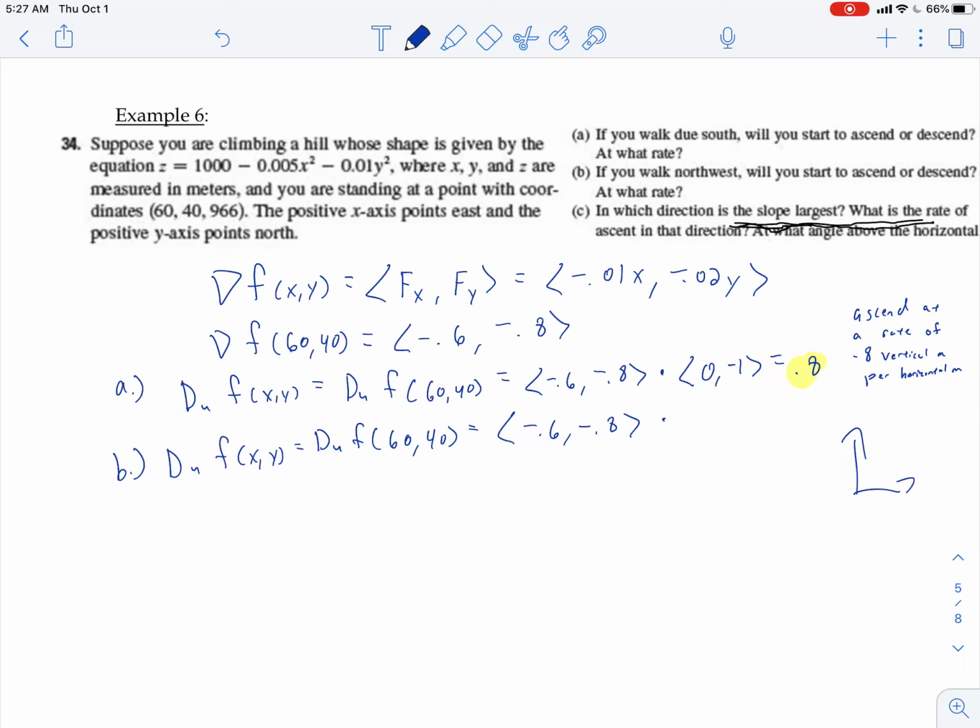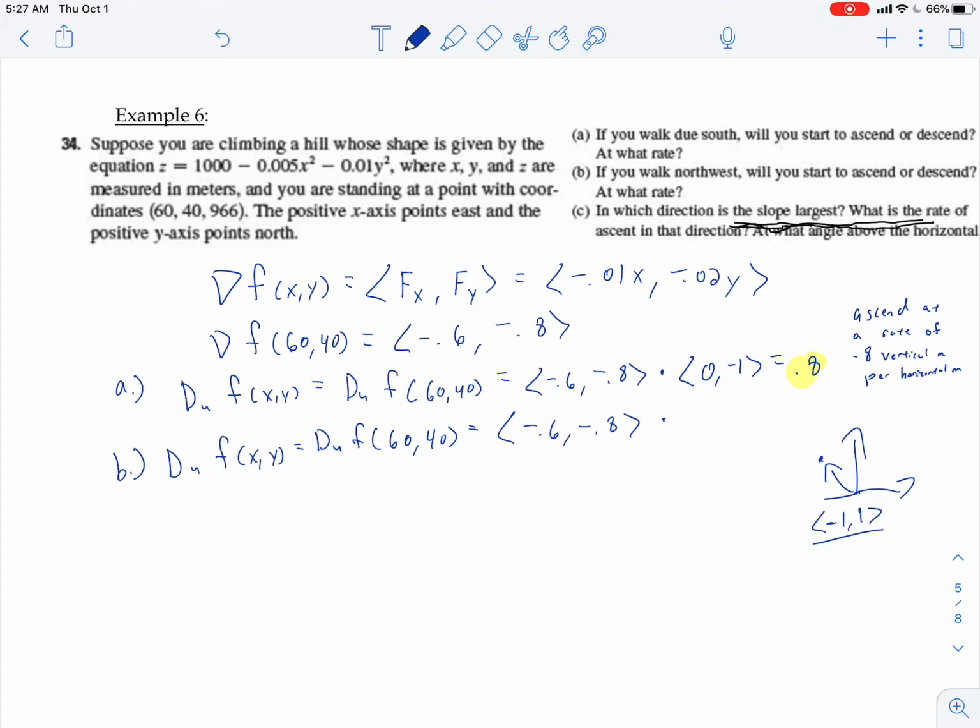So because we're walking northwest, we can just pick any vector in the northwest direction. So let's just go negative 1 for the x, and then positive 1 for the y.